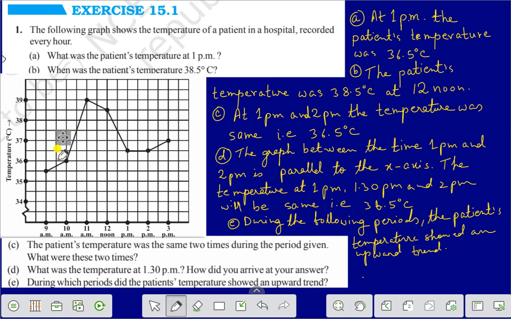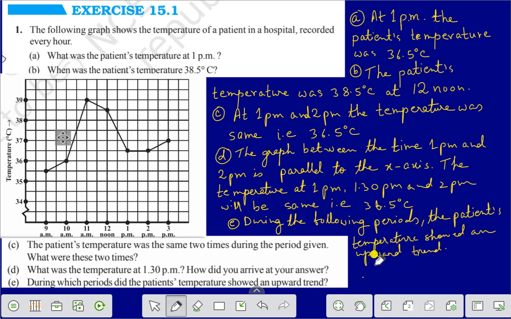I see this one. This is 9 to 10, 10 to 11, right? That is we are getting 9 a.m. to 10 a.m. and 10 a.m. to 11 a.m. This one 9 to 10, 10 to 11, and also this one, that is 2 to 3, right?